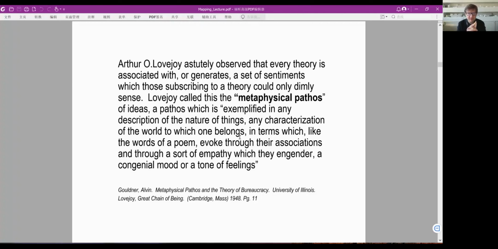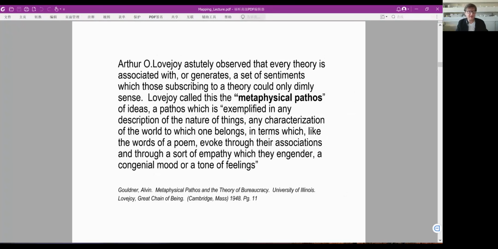Lovejoy calls this the metaphysical pathos of an idea, a pathos which is exemplified in any description of the nature of things, a characterization of the world which, like the words of a poem, evokes through association and a sort of empathy a congenial mood or tone of feeling.